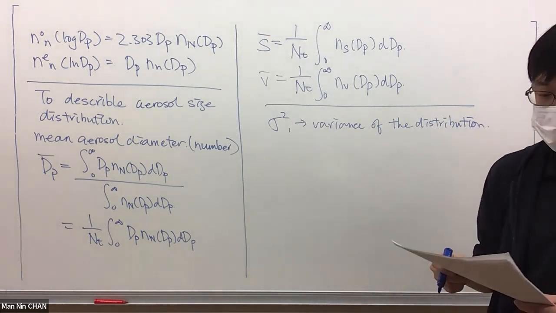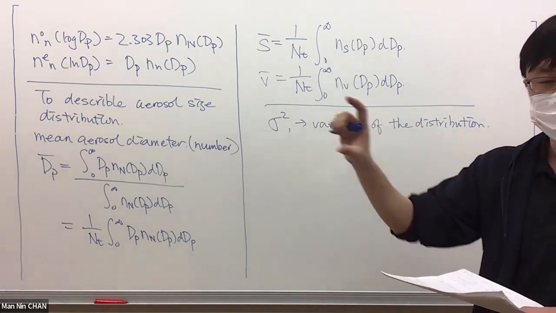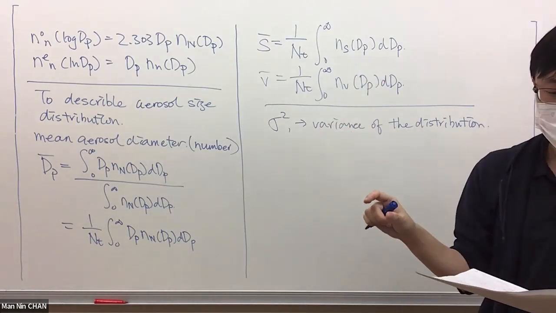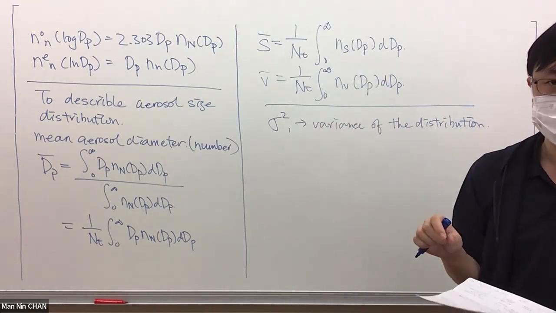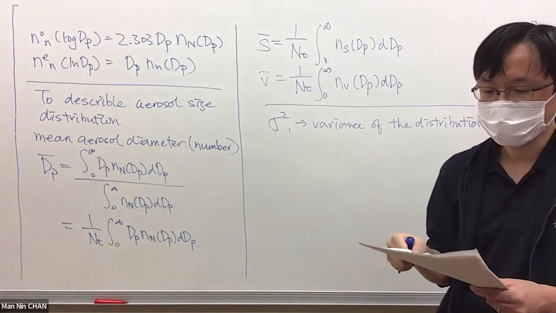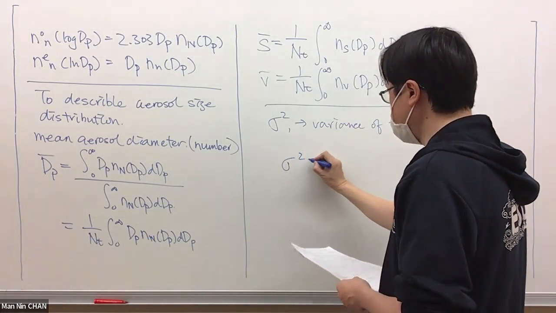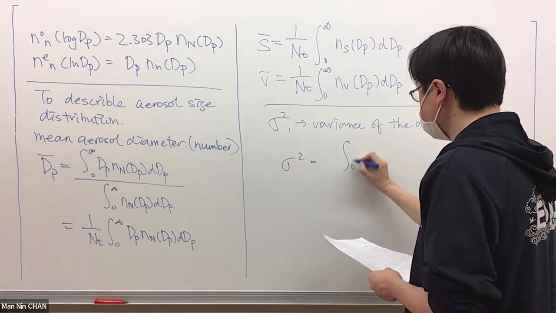So when you say the variance, remember, we are looking at the deviation, or the spread, of your distribution around the mean diameter, so you need to know the mean diameter. So how do we calculate the variance?